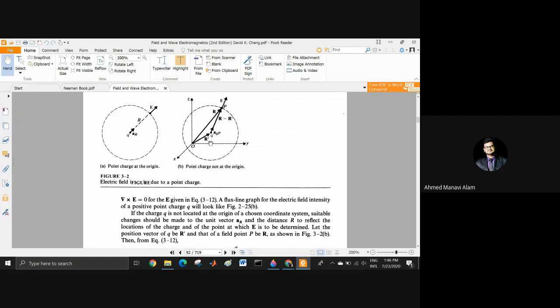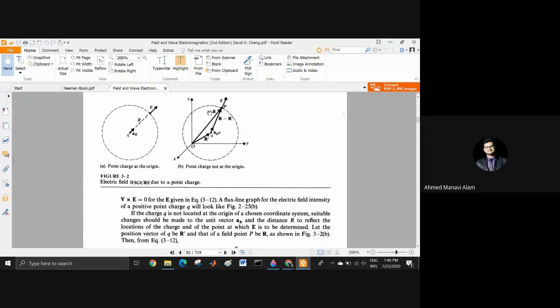The location vector of q, এই চার্জটা q, এটার origin থেকে, from the origin the distance of q is r prime, and that of a field point P to be r. And from the origin, the charge q is at r prime direction, and the point P, the point you want to calculate the field intensity, the distance is r. As you can see, these are written in the bold form.